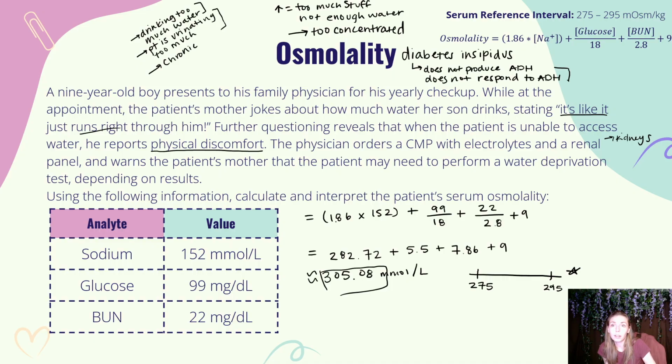ADH is antidiuretic hormone. This is the don't pee hormone. Don't pee hormone. If you are not producing or not responding to the don't pee hormone, then your body sees pee. There's no hormone. This is the only instruction that the body sees: pee. So what happens is you're not producing or not responding to ADH.